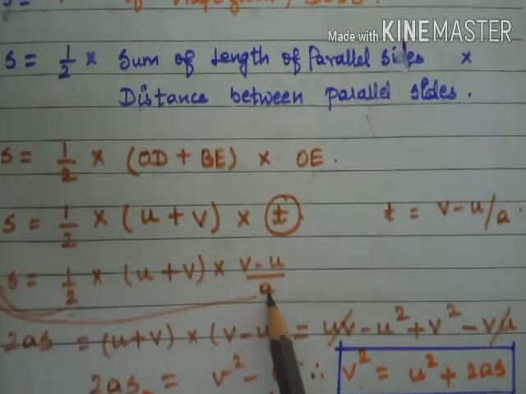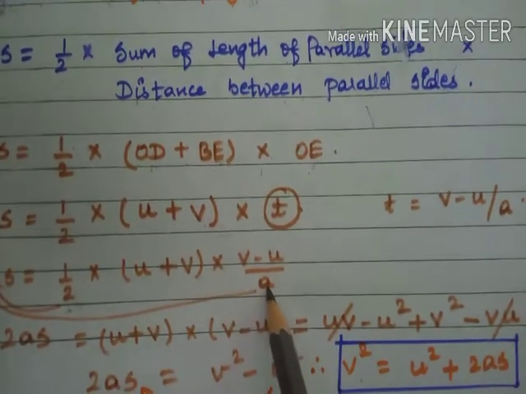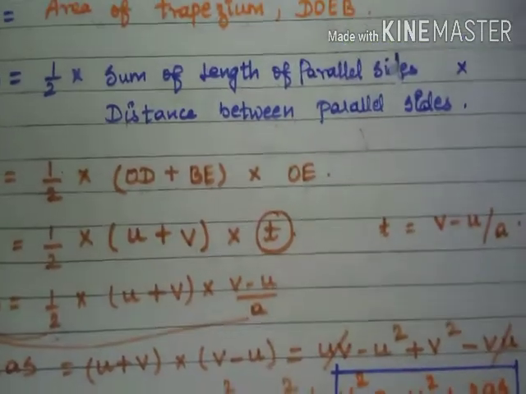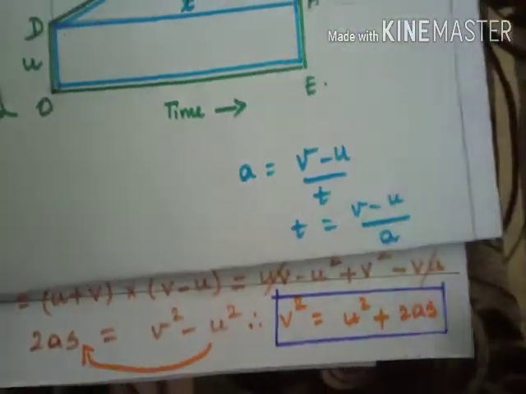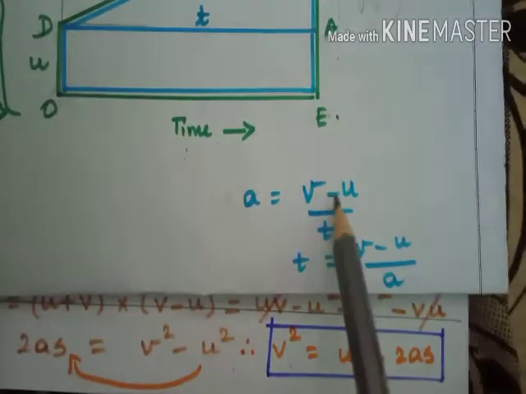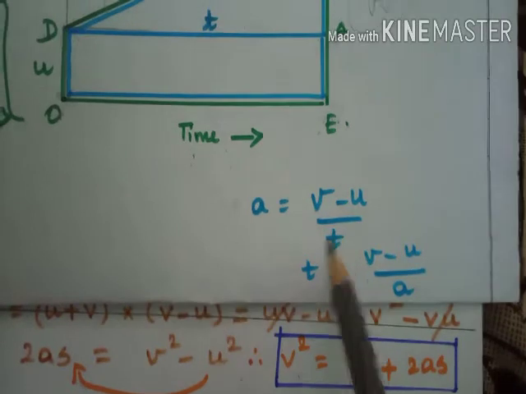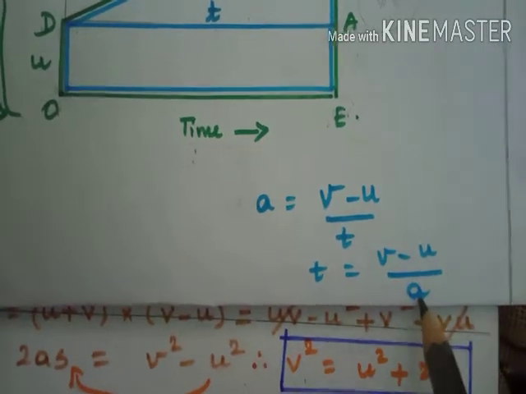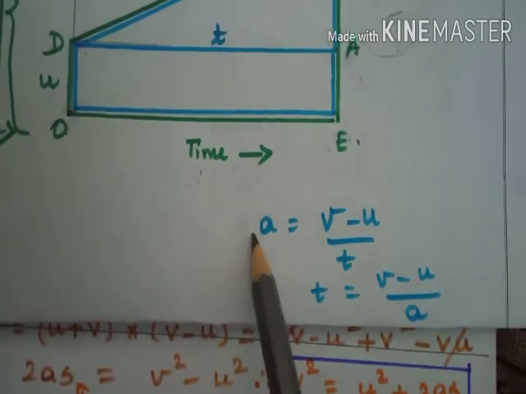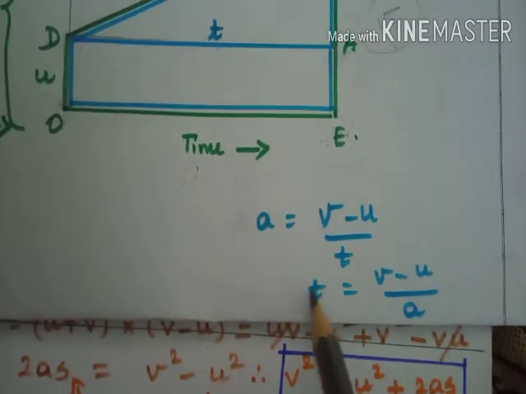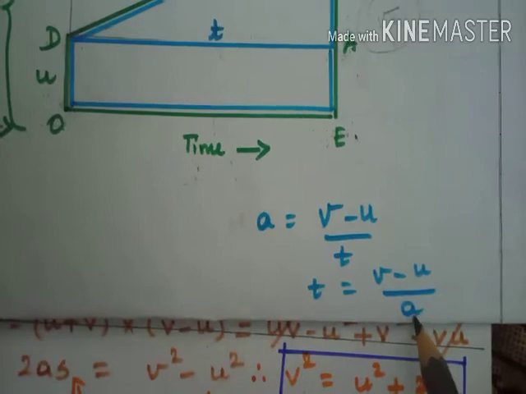Here we are substituting the T value. How will it arrive? It will arrive from the acceleration formula. Already we know the formula for acceleration: acceleration is equal to V minus U divided by T. From that we write T is equal to V minus U by A, taking T to the left hand side and A to the denominator.